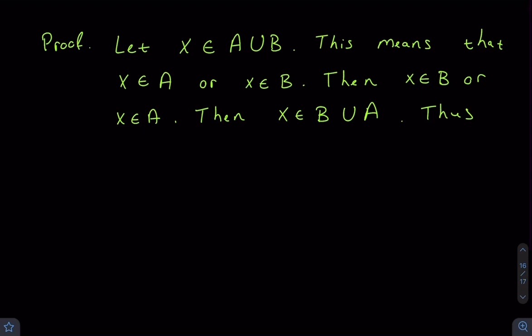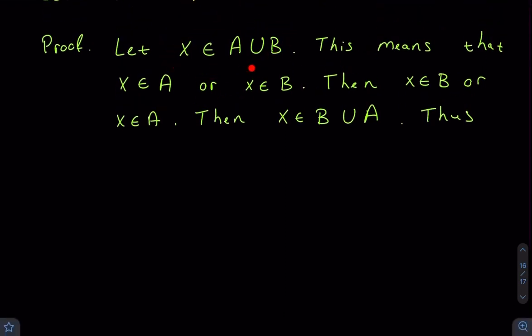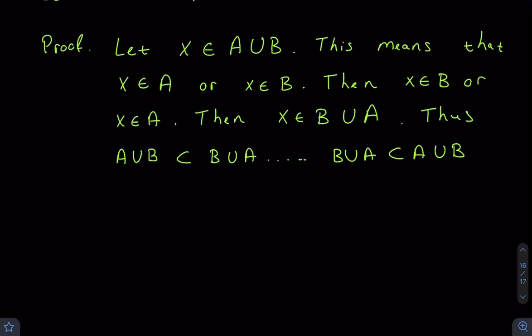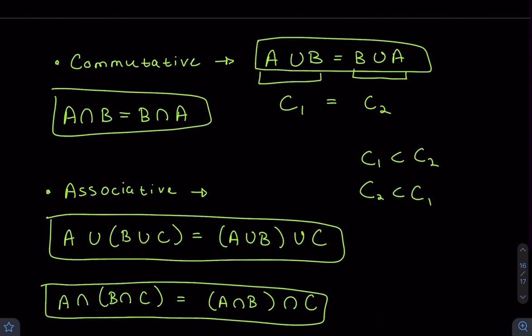Thus, we can say, because X is in A union B and X is in B union A, we can say that A union B is a subset of B union A. And if we follow the same logic, we can also show that B union A is going to be a subset of A union B. And these two implications mean that A union B equals B union A. And that proves the commutative property of the union operation.